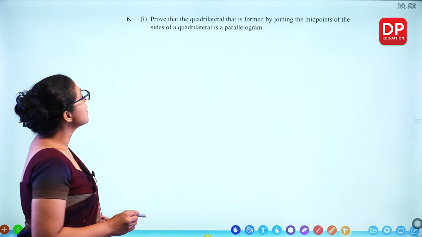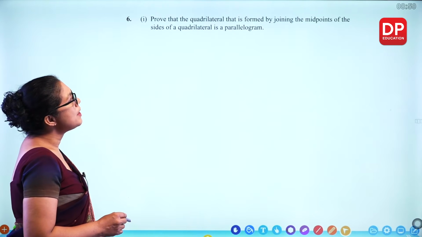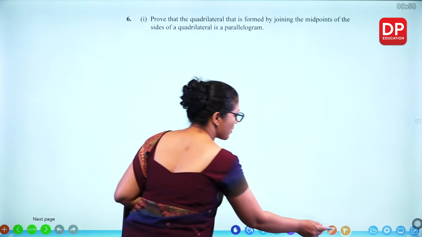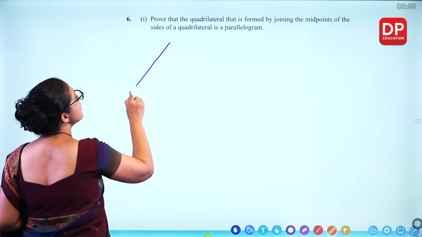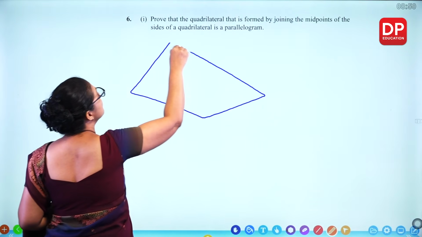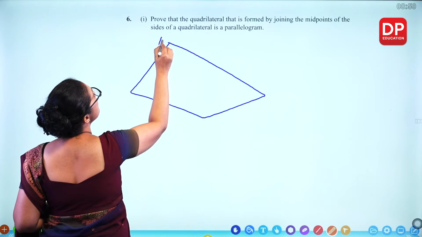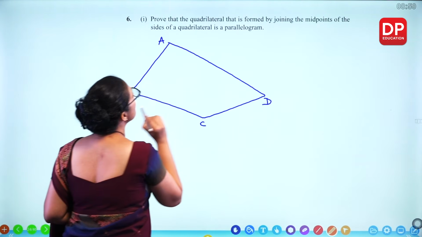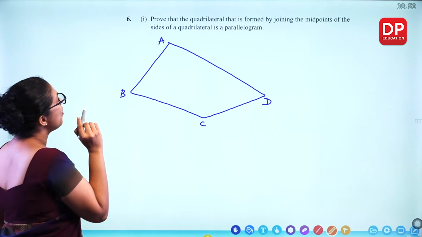Question number 6, part 1. Prove that the quadrilateral that is formed by joining the midpoints of the sides of a quadrilateral is a parallelogram. So we'll first draw any quadrilateral. We'll take A, B, C, D. And the line joining midpoints.